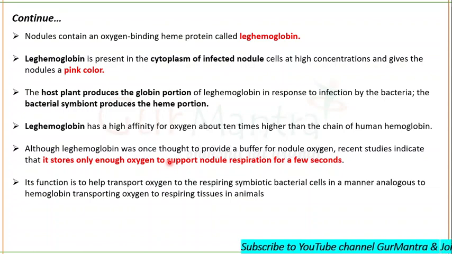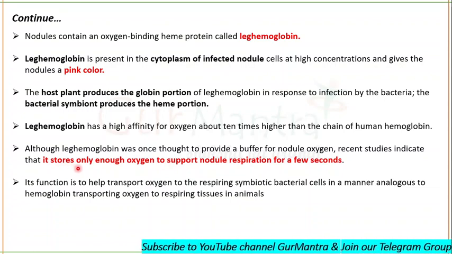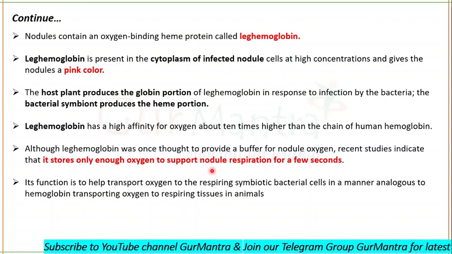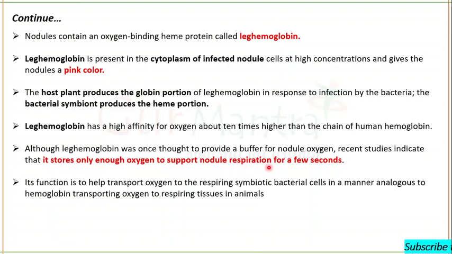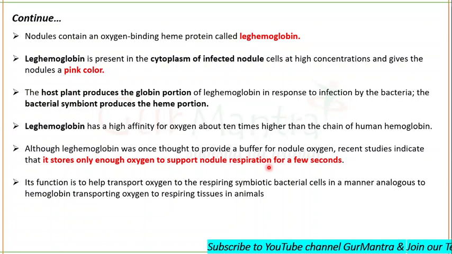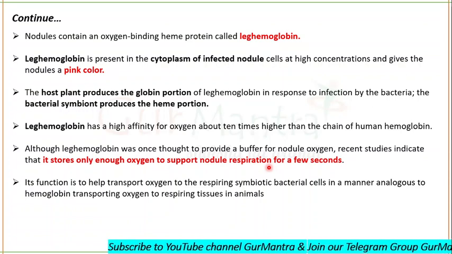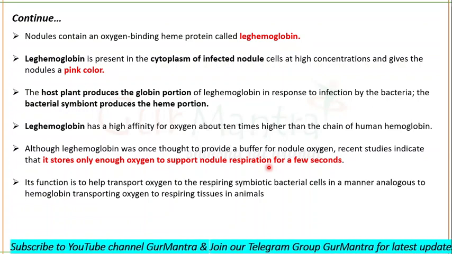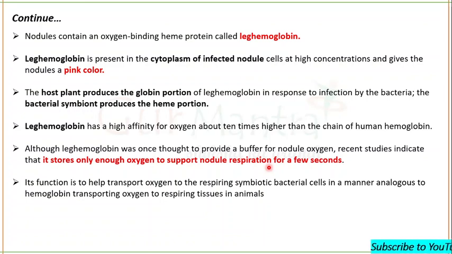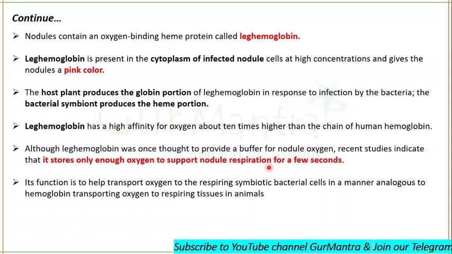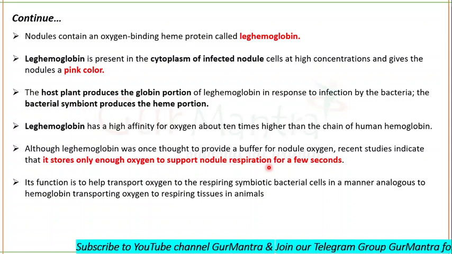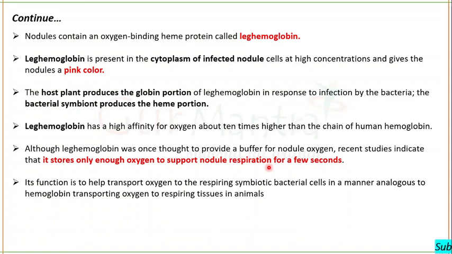Okay, now it has also been shown that it can store enough oxygen to support nodule respiration for a few seconds. So this leghemoglobin not only provides anaerobic conditions for nitrogen fixation, but it also stores enough oxygen to support nodule respiration for a few seconds.